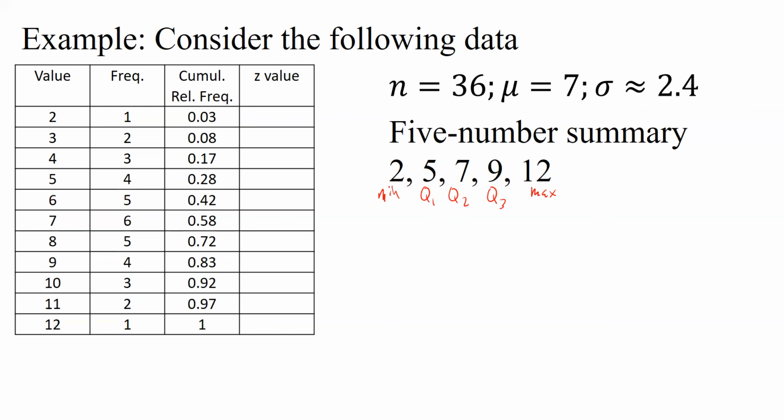And so on the first one, I'm going to make a histogram, so I'm going to use the frequencies to do that. I'm going to use the other 2 columns for some of the later things. So on this axis, I'm going to have 2, 3, 4, 5, 6, 7, 8, 9, 10, 11, and 12.